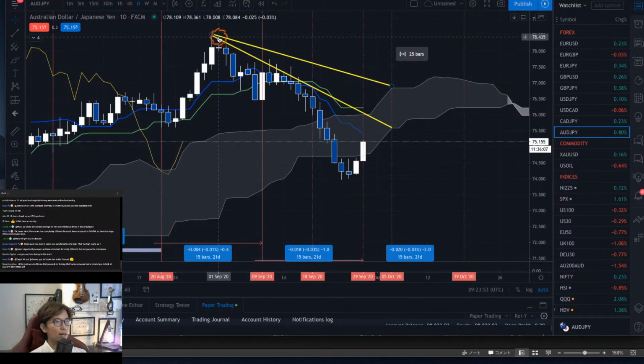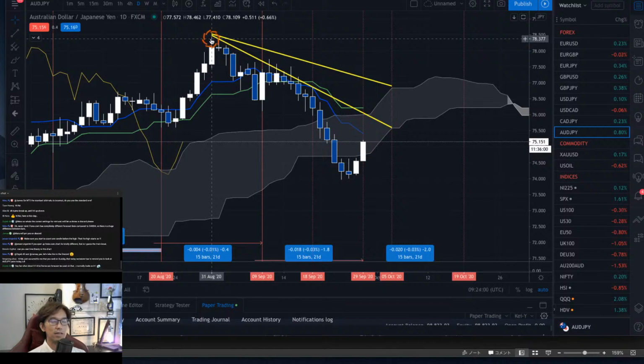So here's the forecast lines, and the highest price was on the 31st of August on this AUDJPY pair, and the Kumo is going to be on the 5th of October for this particular pair. But the price is below the forecast lines, so potentially I think it's going to land below the forecast lines, and if it does, we can expect a continuous downtrend from there.